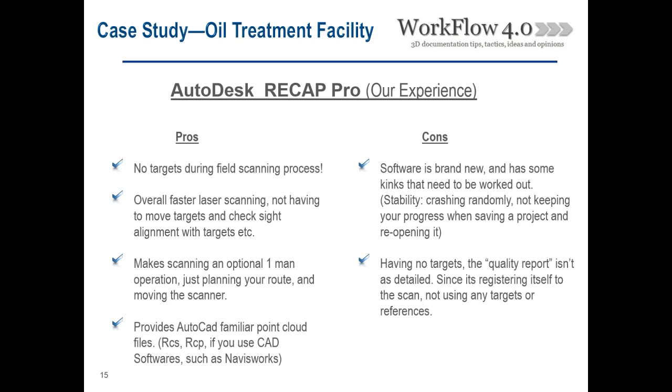So if you're going to use it, you're going to want to implement some way of doing your own quality reporting, such as setting control points and being able to go into your point cloud and compare those to the coordinates inside the point cloud.